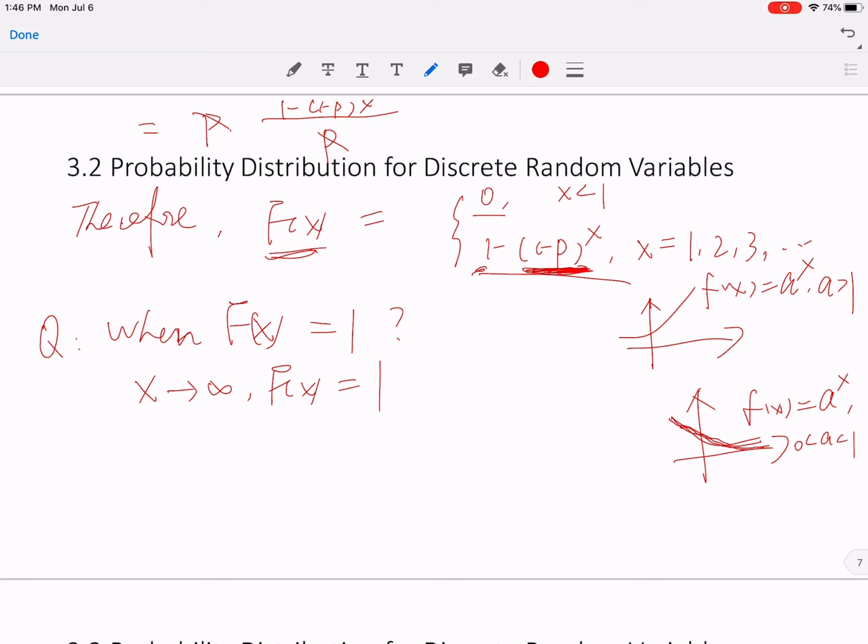Okay, so I have one more question. With the given CDF here, if we don't know the PMF, I just gave you the CDF like this, can you tell me how to find the probability of a single point?